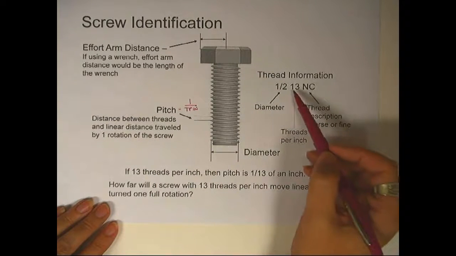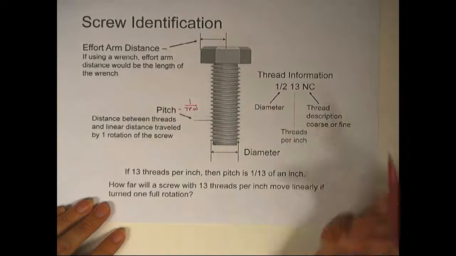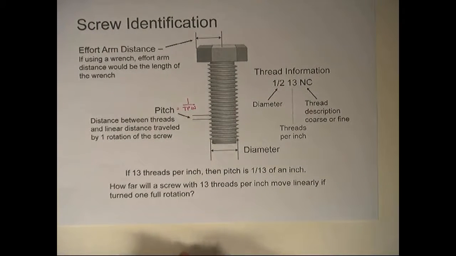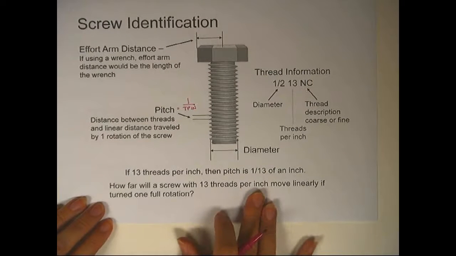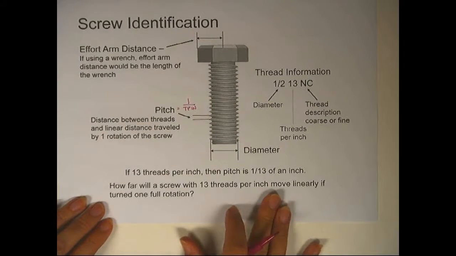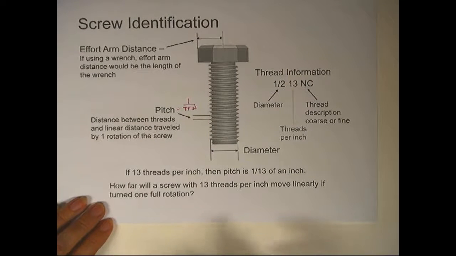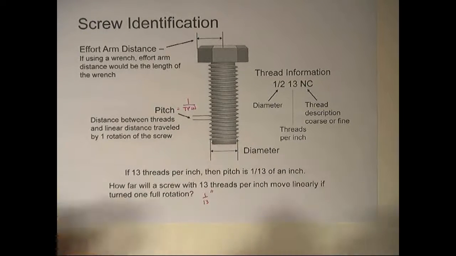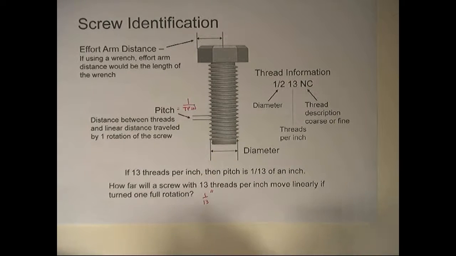That's all you do. You take this number and put 1 over it to get the pitch. And then it asks us the question here, how far will a screw with 13 threads per inch move if we turn it 1 rotation? It'll move 1/13 of an inch. That's how far it moves. So I have to turn it 13 times in order to get it to move 1 inch.